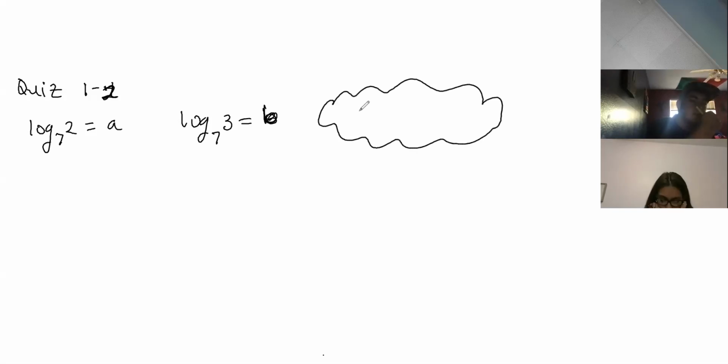I did number 2 with you, so I'll talk about 1. But remember, whenever you do these, you should always know that log base, whatever base you're working with, which is 7, of 7 equals 1.